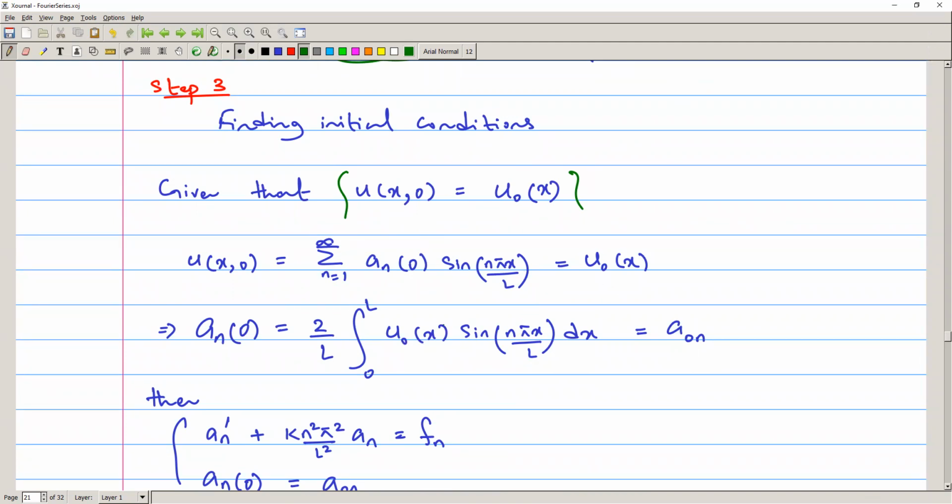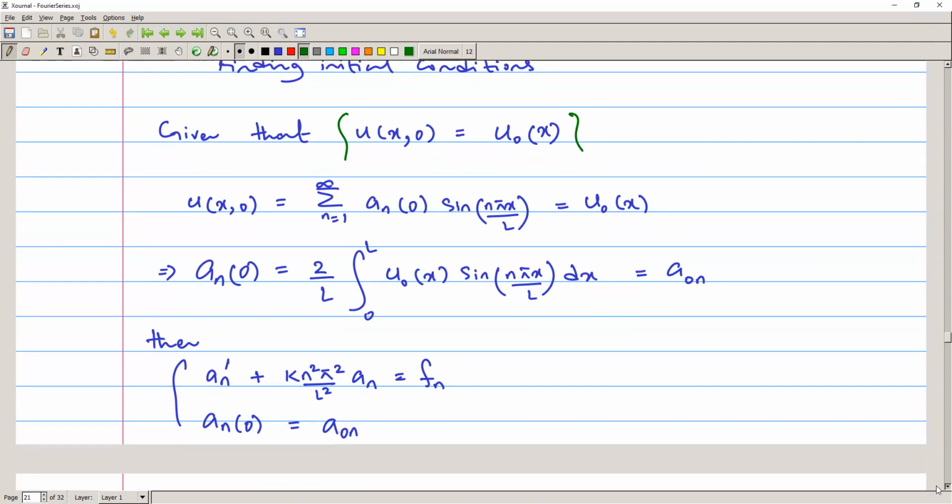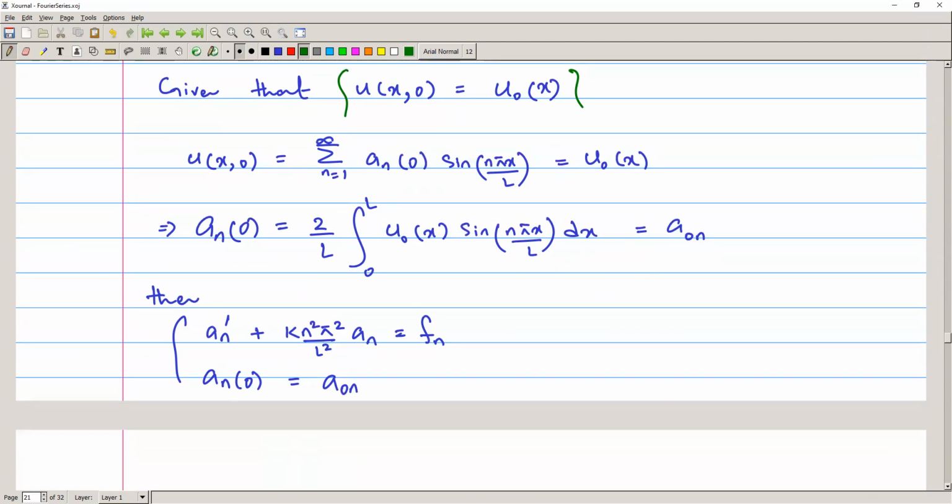And then again we are going to integrate as we did in the Fourier sine series, and from here we are going to find the initial conditions. Then we can see that we will find this equation, and in fact we already found this equation, but we are going to find these conditions, right? These are the initial conditions.